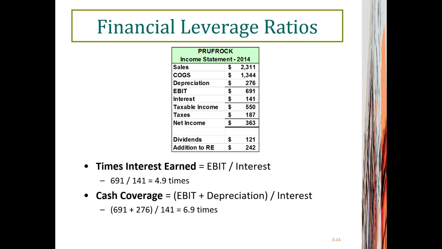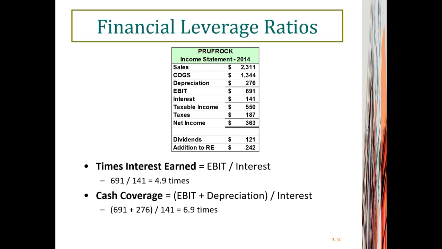And the times interest earned equals EBIT, as we know, that is earnings before interest and taxes, right? That is the money that a company made for all stakeholders, right? For government, for debt holders, and for shareholders.